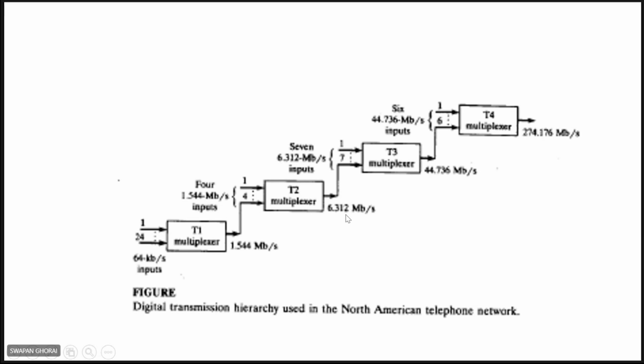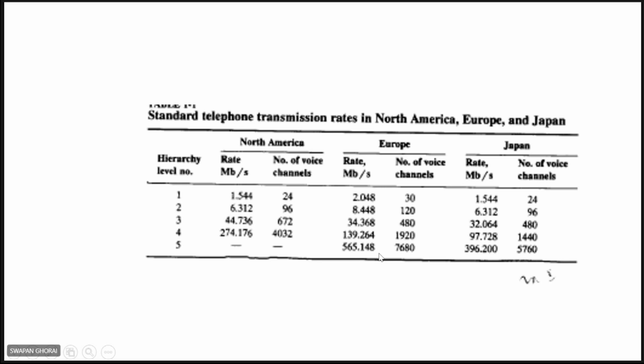Next, it is T2 rate. It is 6.312 Mbps. Next, T3, T4, like these things. There are different hierarchies used in US, right? And if you compare, just I mentioned, compare their voice signals, you see rate and the number of voice channels. You see for T1 it is 24, next T2 96, next it is 672, 4032, like this.